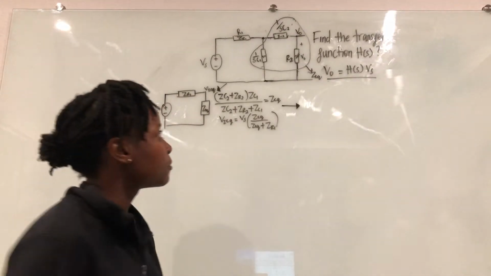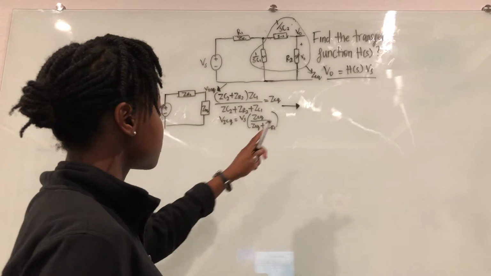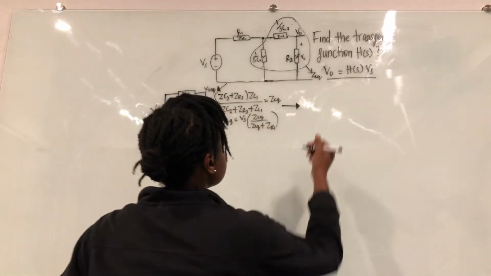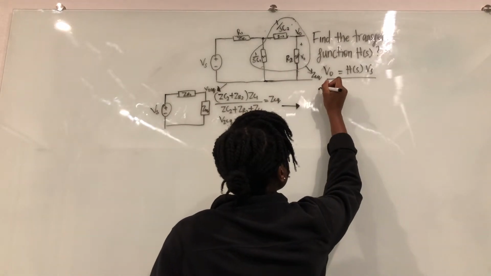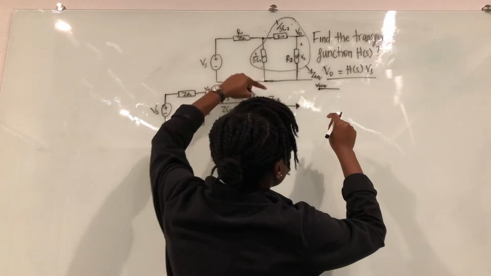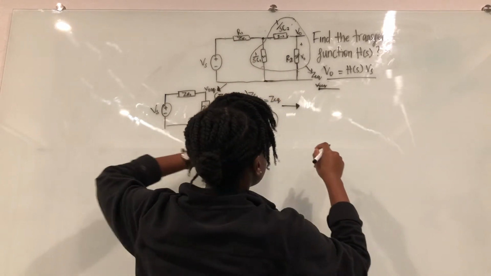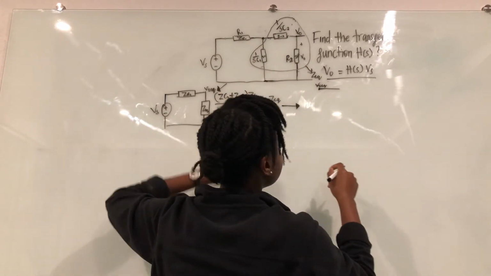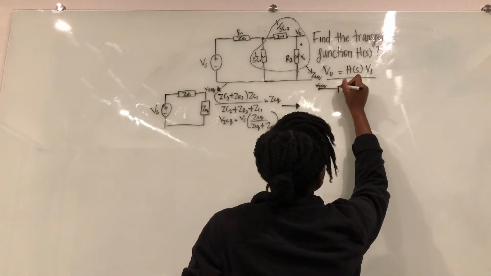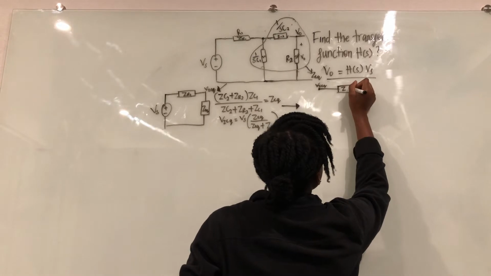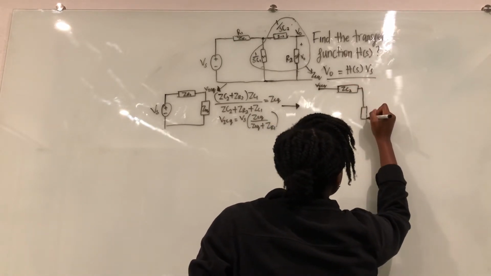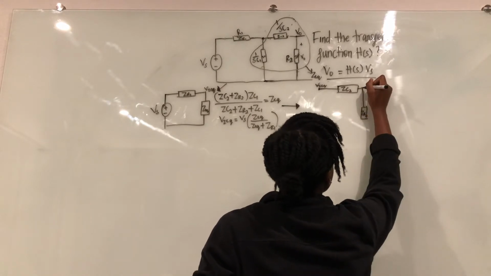So now we can redraw the circuit knowing our VZEQ. Our VZEQ is the voltage going across this capacitor, and that is already included in the calculation for our VZEQ, so we don't have to include the capacitor here. And we still have our ZC2 and ZR2 and V0.